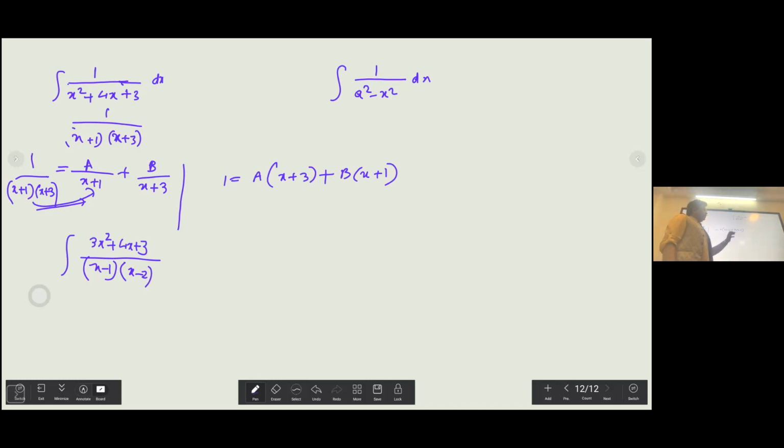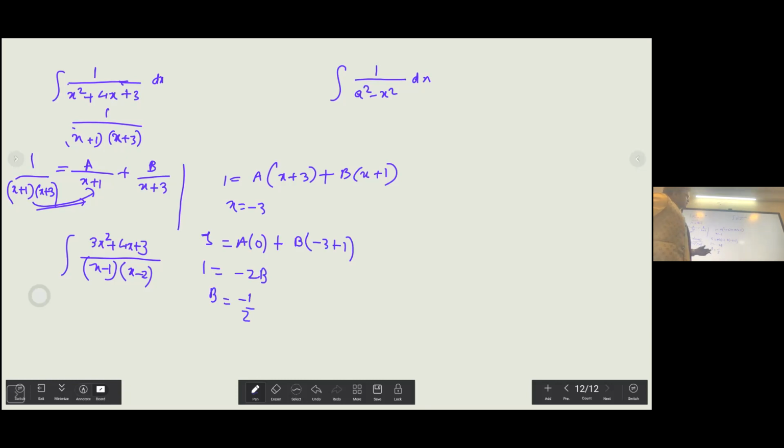Now to get the values of A and B, you have multiple ways to do it. You can take x as negative 3 and you get 1 equals A times 0 plus B times (negative 3 plus 1). So negative 3 plus 1 comes to be 1 equals negative 2B. So B equals negative half.